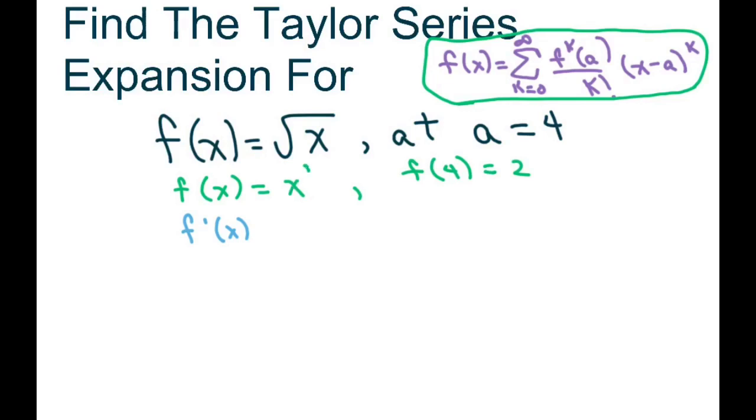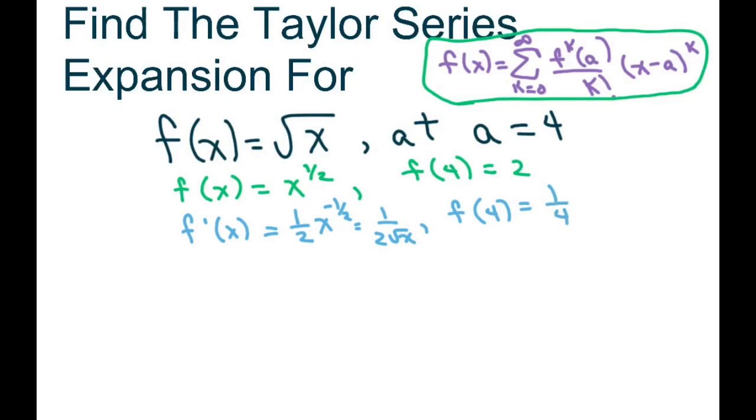Makes it a little easier. So our first derivative is just 1/2 x to the negative 1/2, which equals 1 over 2 square root of x. So basically f prime of 4 would be 1/4.